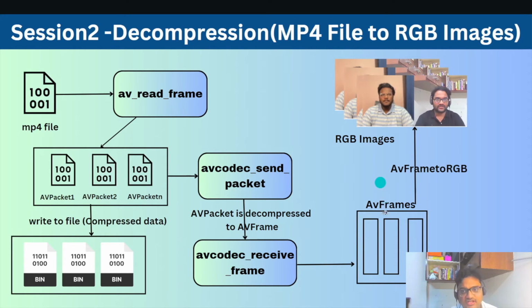So we have different conversions, AVFrame to RGB, using the swscale library, and here we use the avcodec library of FFmpeg. Using these two FFmpeg libraries and the internal APIs they support, we are extracting each frame of the MP4 file into images.